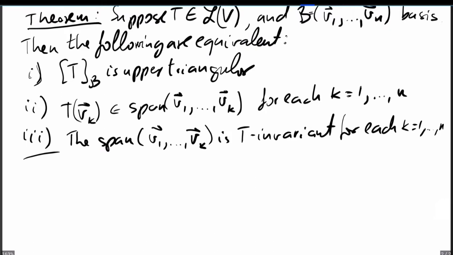The proof is not going through all the different equivalences or going in a circle, maybe from 1 to 2, 2 to 3, 3 to 1. Instead of that, we just write down what it means to have a matrix in a basis for a transformation.